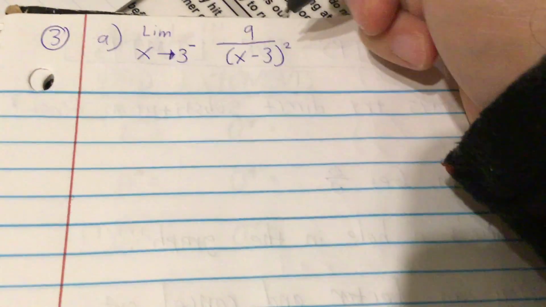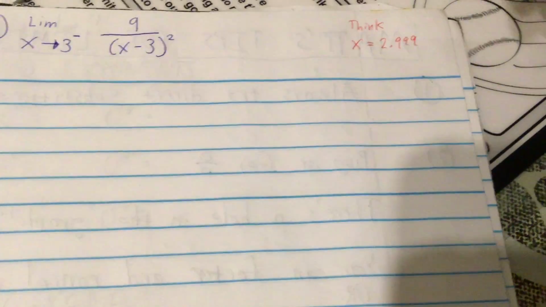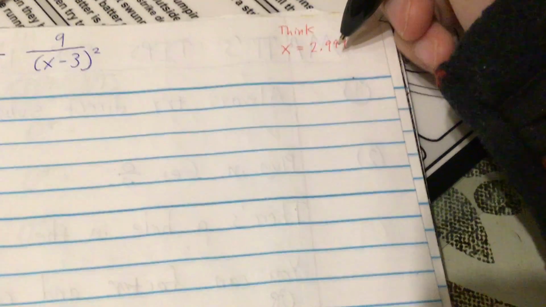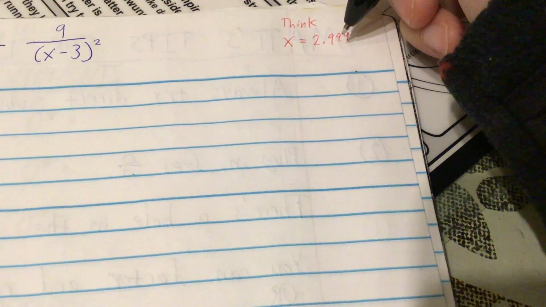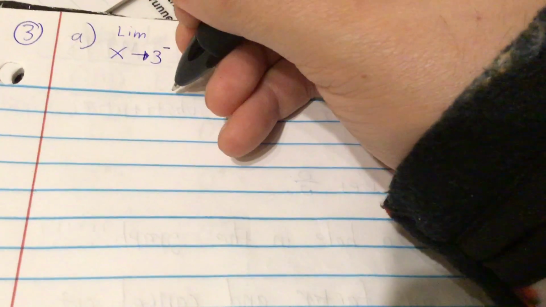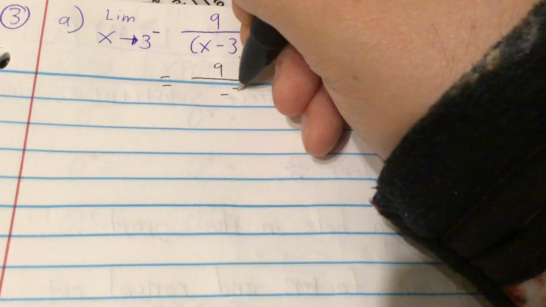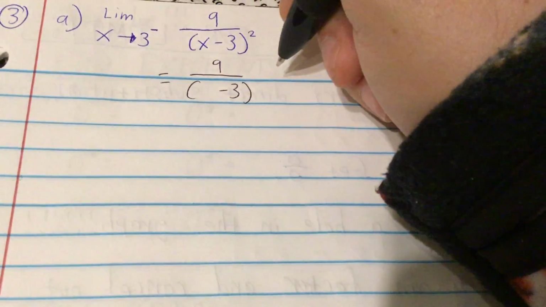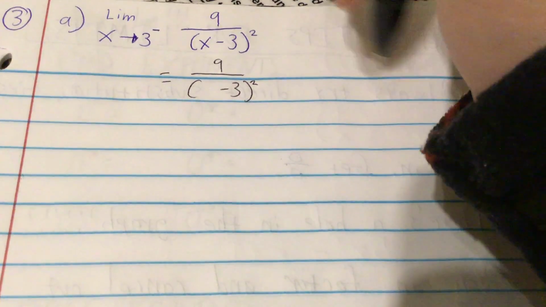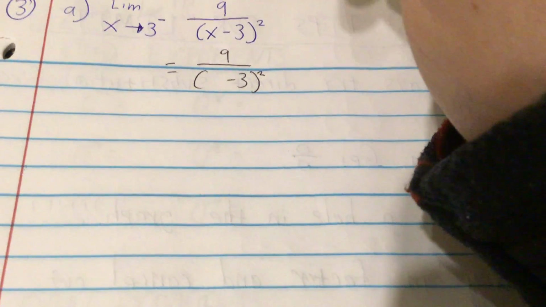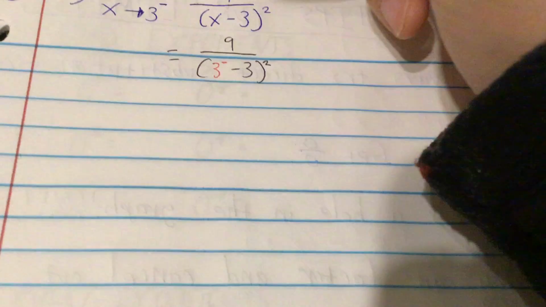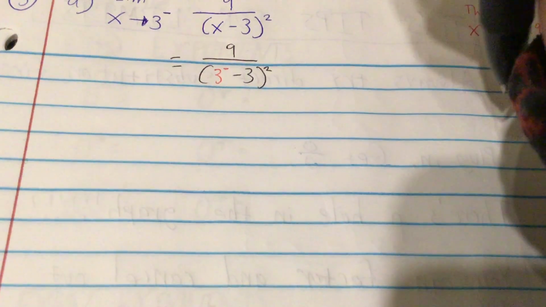So I want to take the left-hand limit. So think to yourself, just barely under 3, 2.9999999. So I'm going to plug in 9 over (x minus 3) squared. So if I'm thinking just barely under 3, 2.9999999, that's the left-hand side of 3.